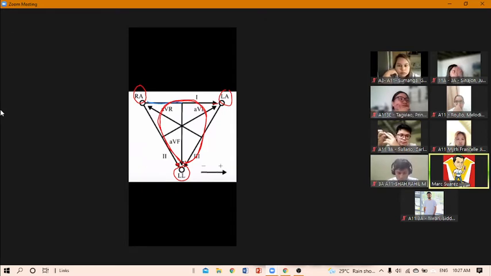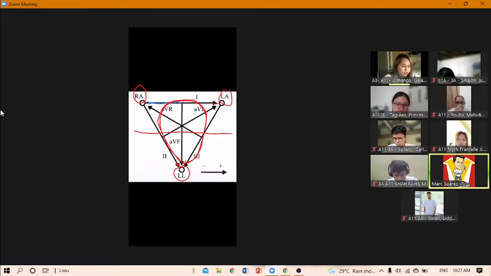Looking at these leads, lead 1, lead 2, lead 3, aVR, aVL, and aVF, what leads are roughly placed in the apex or in the ventricle or in the inferior portion of the heart?